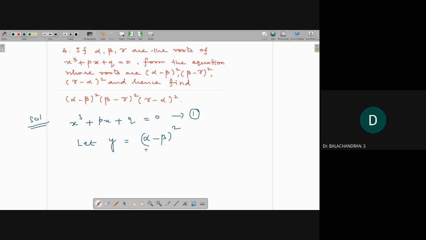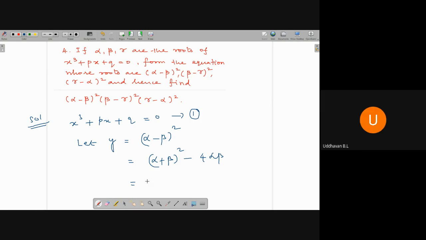So I write alpha minus beta whole square as alpha plus beta whole square minus 4 alpha beta, because alpha square plus beta square plus 2 alpha beta minus 4 alpha beta gives minus 2 alpha beta. What is the next step, Paritosh? Can you guess?